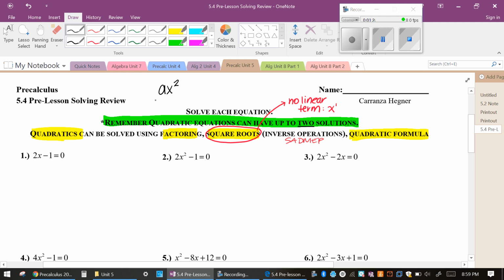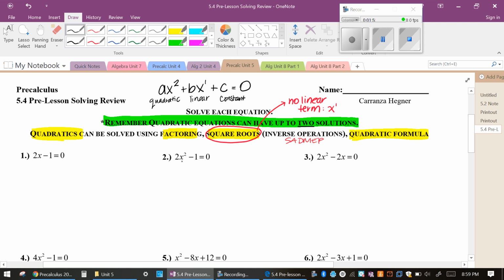Anything with an x squared is called a quadratic term. Anything with x to the first power is called a linear term. And any number without a variable is called a constant term. So number 2 has a quadratic term, no linear term because it doesn't have anything with x to the first power, and a constant, which is a number without a variable.